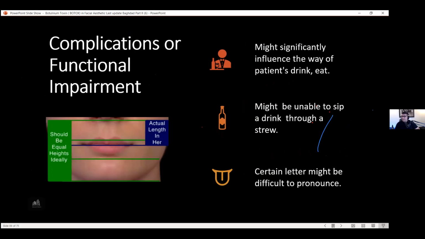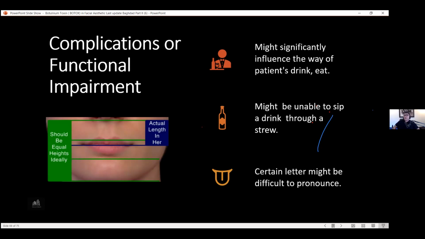Again, like any technique or any botulinum toxin treatment, it has some issues. For me, all are minor, even with eyelid doses. Still it is under control.